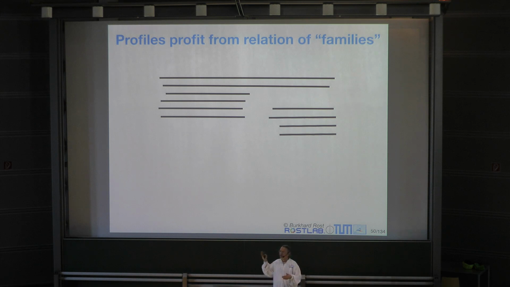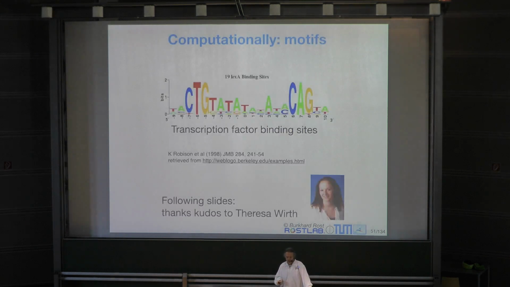By structure, I don't mean 3D protein structure here. A certain image evolves, that you have to keep some positions more important than others. And ultimately, this slide and the following slides come from Teresa Worth. So ultimately, this is a theme that has to do with propensities, with motifs.